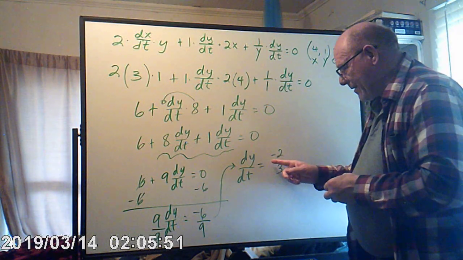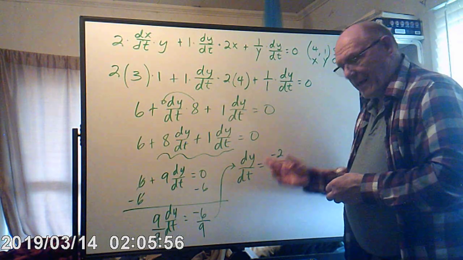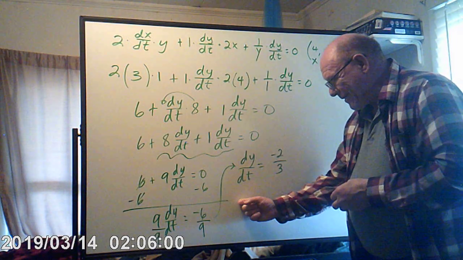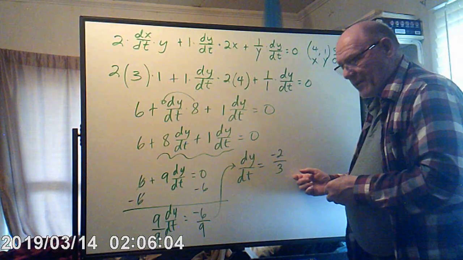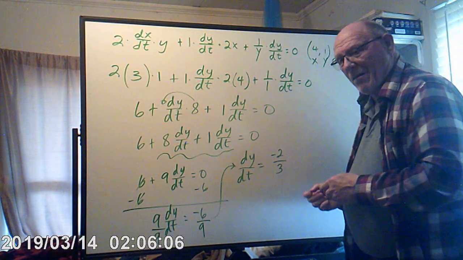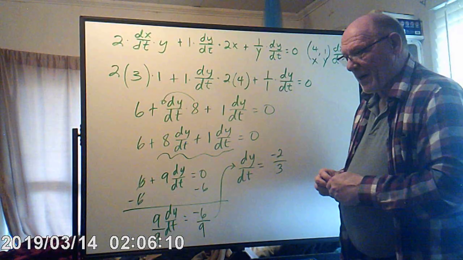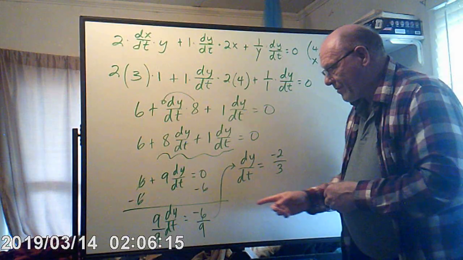So you wouldn't say decreasing at a rate of negative 2/3, it's already negative. Decreasing takes the place of the negative sign. So decreasing at a rate of 2/3 meters per second, miles per hour. That'd be really slow if it's miles per hour. Alright, anyway, that's what you have there.